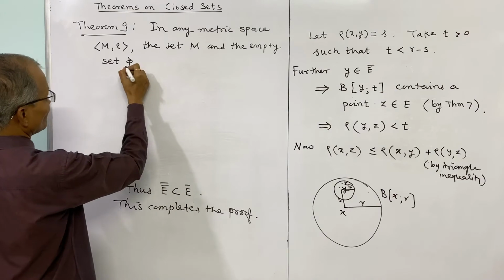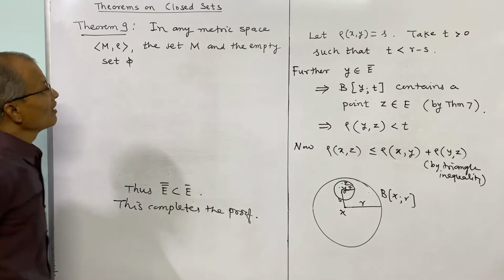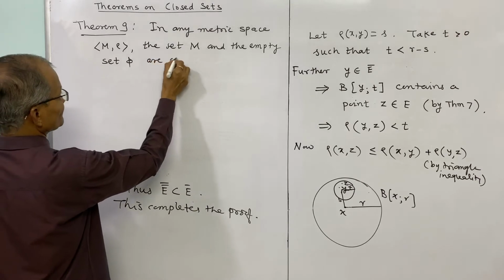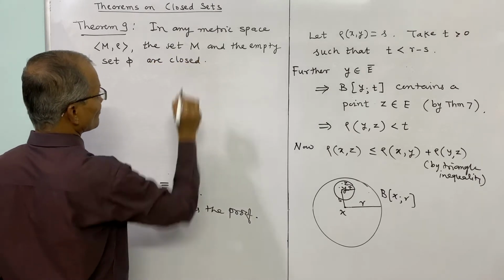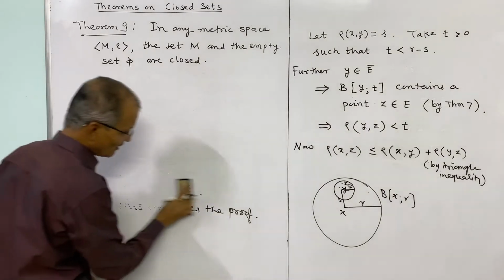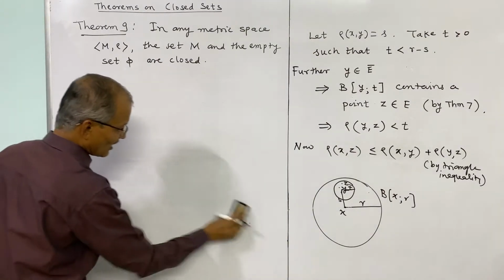Both the entire set M and the empty set phi are closed.